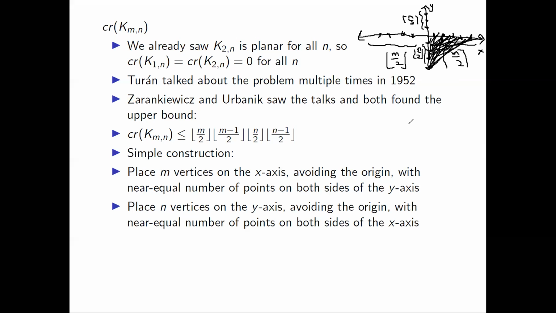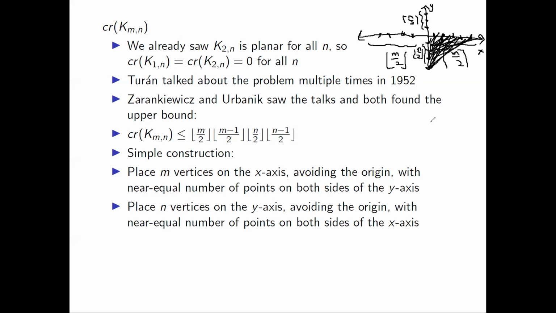And we want to count the total number of crossings in this picture. So we can think about each crossing, and we can note something useful about the edges in this picture. We know that each edge goes from some vertex on the x-axis to some vertex on the y-axis.